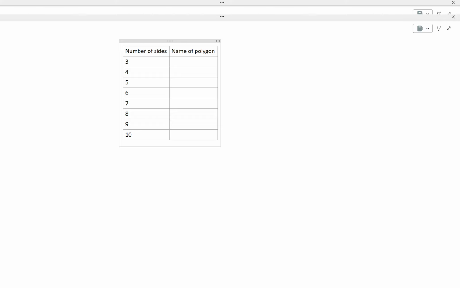And then after 10, so from 3 through 10, you need to memorize. Have to know these names. So these 8 terms, okay? Have to memorize these 8 terms. After that, I'm going to let you guys off the hook, and I'll tell you what mathematicians do. This is when we get to the variable n, number of sides.